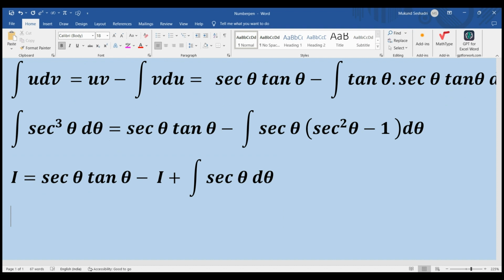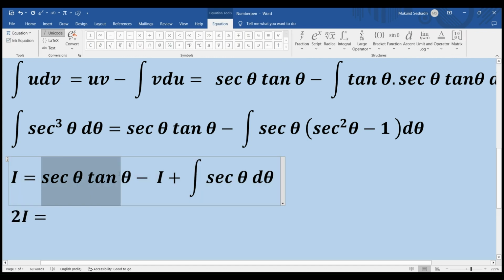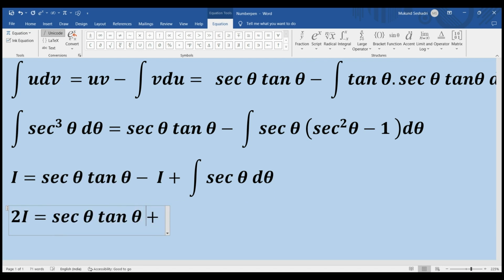We're going to combine both of them and write this as 2I, right? So my 2I now becomes equal to secant theta tan theta plus my integral of secant theta d theta, which you folks must be quite familiar with, is nothing but log of mod of secant theta plus tan theta.